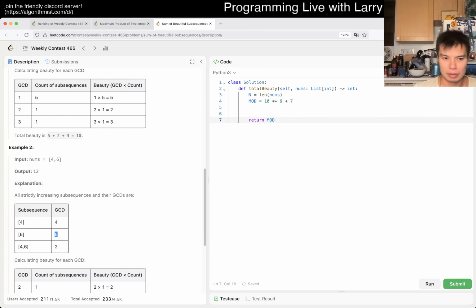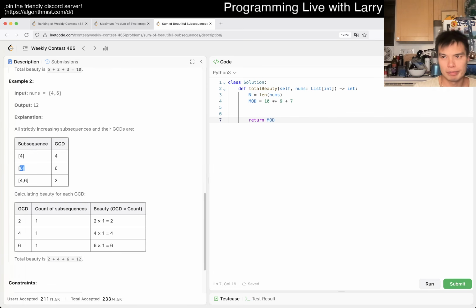Okay, so then each number is, of course, itself a thing, and then it's 2 times 3.